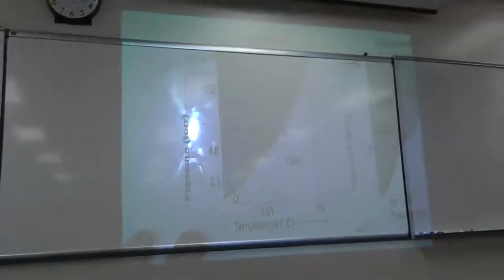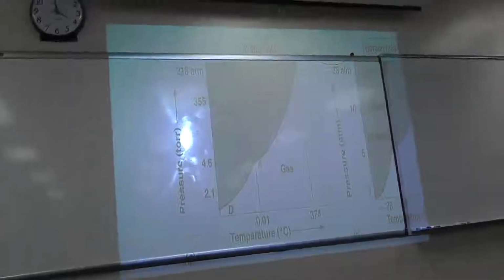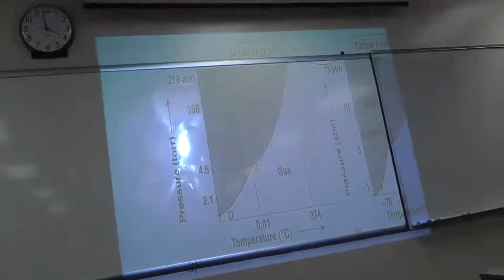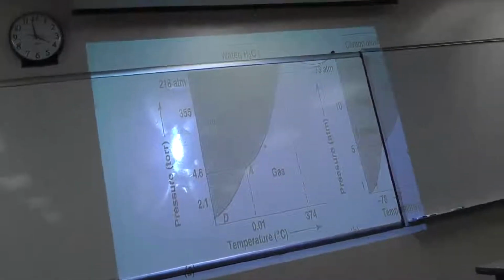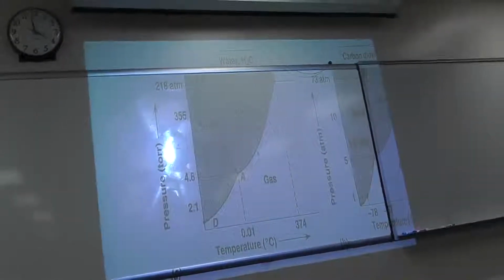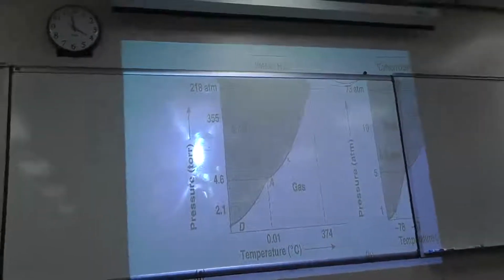It's always pressure on the y-axis, temperature on the x-axis. And it's meant to show you what phase or what physical state you've got at any combination of temperature and pressure.